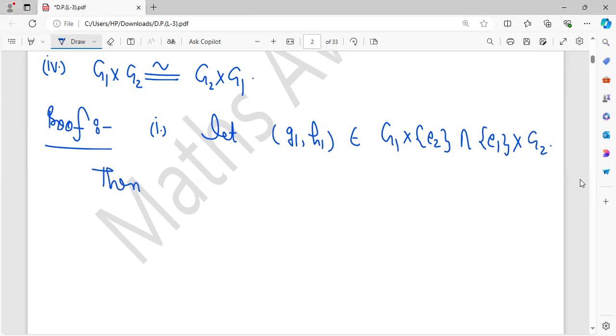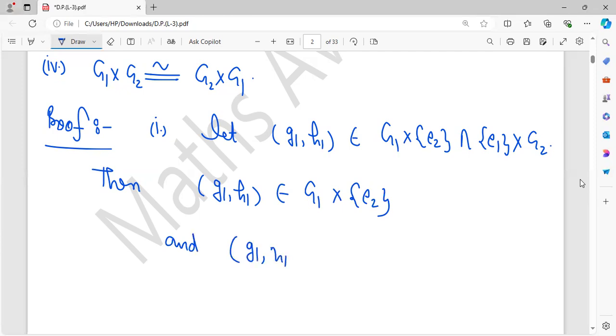This belongs to the intersection, so it belongs to this one and this one also. So it belongs to G1 × {e2}, and (g1, e2) belongs to {e1} × G2. Okay.